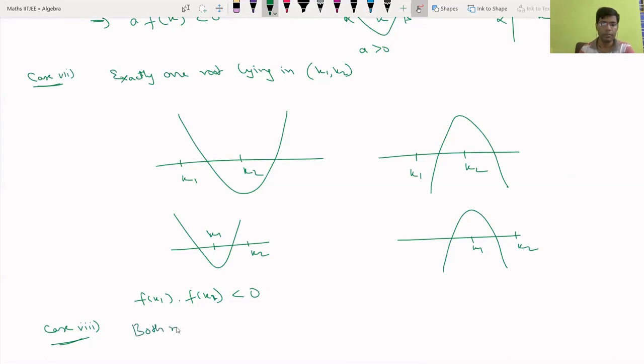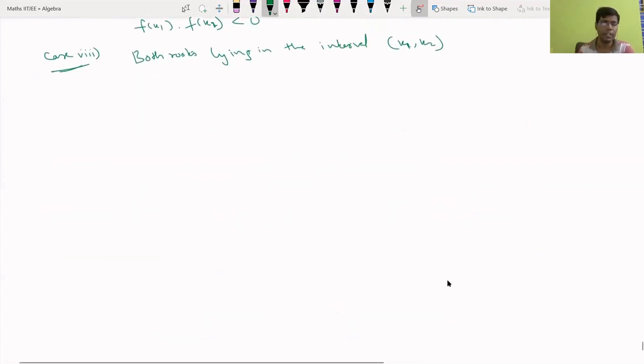So we have the next case, the 8th case, when both roots lie in the interval K1, K2. So what happens here is we have this. So both the roots are lying in this interval.